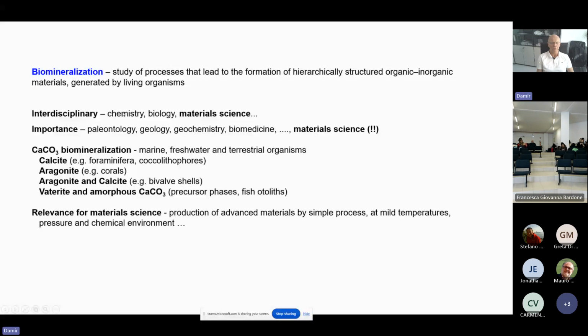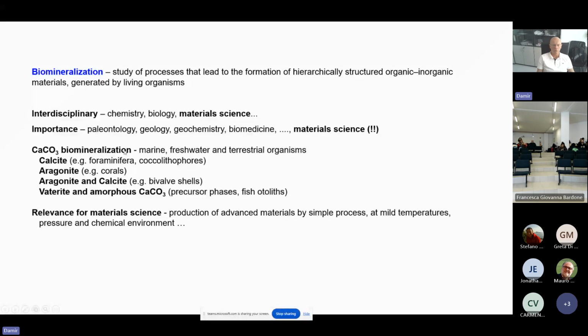It is an interdisciplinary study between chemistry, biology, and material science. It is also very relevant for, for example, paleontology, geology, geochemistry, biomedicine, but also materials. I like to emphasize material science because there is a very good reason.